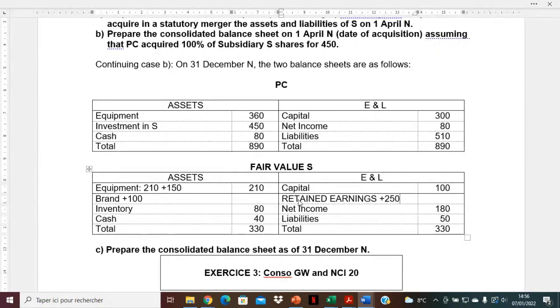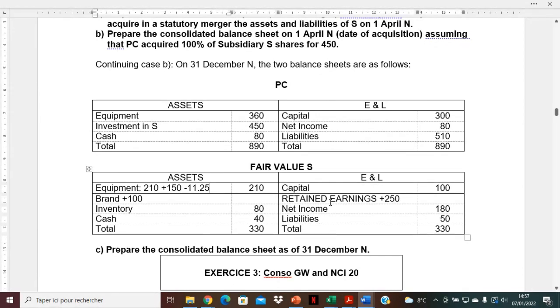Fair value. Then I need to do an impairment test on the brand name, but there is no impairment, so nothing to do. An impairment test on goodwill, but there is nothing, so nothing to do. And I have the depreciation on this equipment value. That means here I need to deduct 11.25 of depreciation.